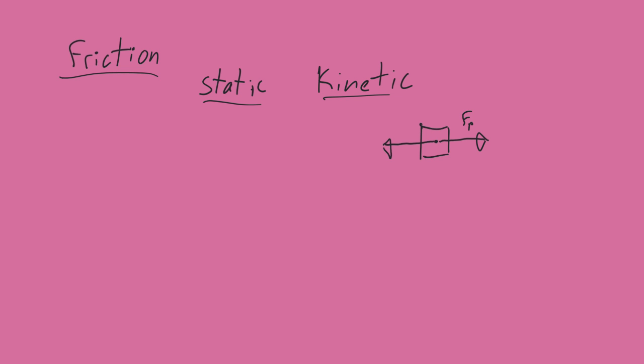It always is going to react due to another force acting on the object. So at the moment, our force of friction in our picture causes our two forces to be equal, which means that there's no acceleration, right? The object was stationary, we're pushing on it, but the force of friction is resisting it. So this is what's called static friction.